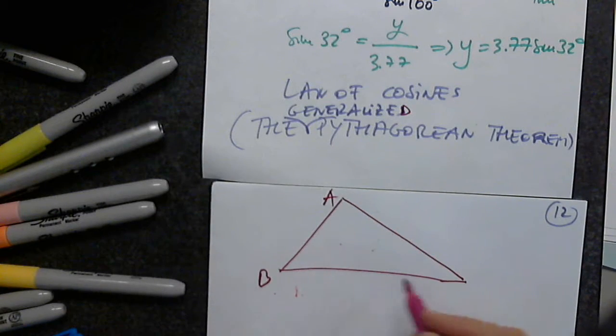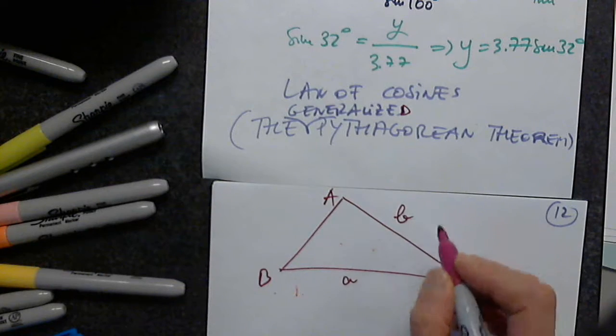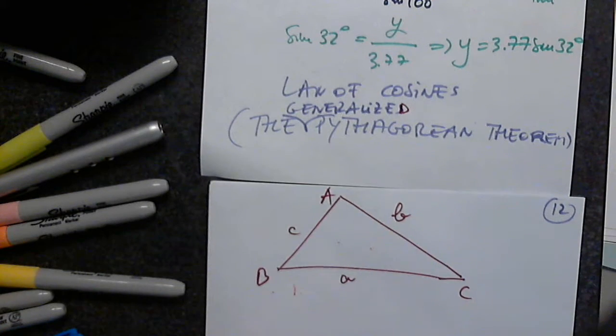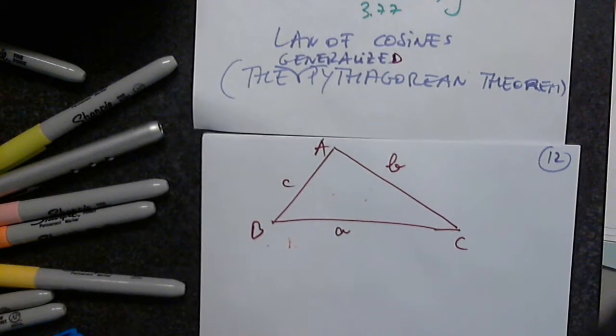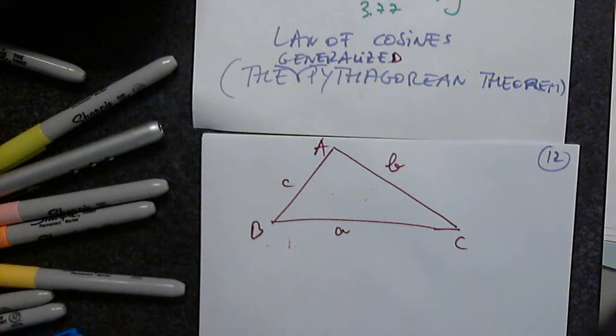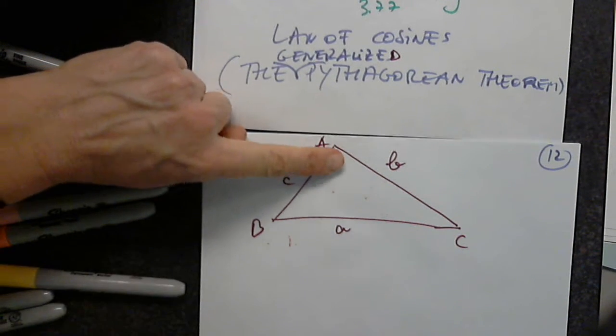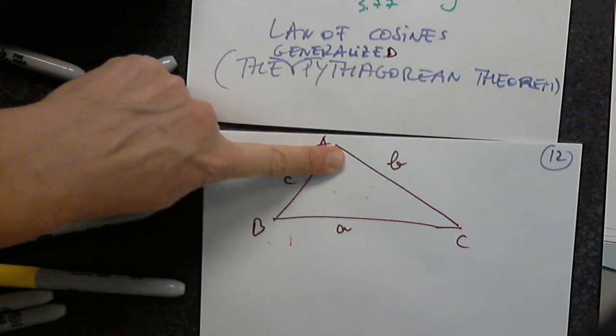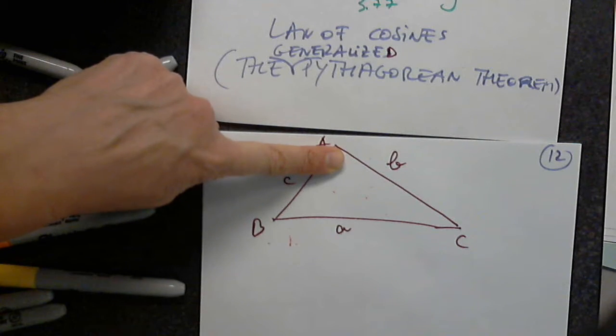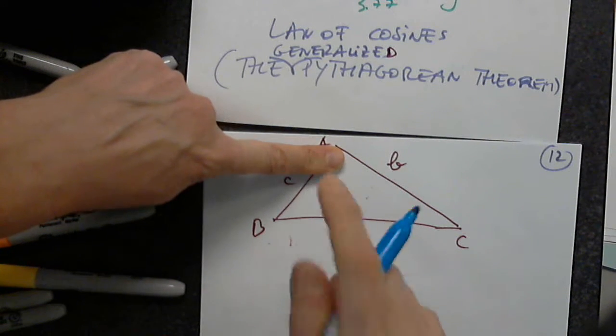I denote, again, the notation is crucial: opposite of A is little a, opposite of B is little b, and opposite of C is little c. Assuming that angle A is 90 degrees, it's not, but for a second, let's assume it is.